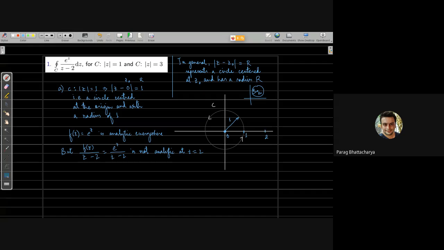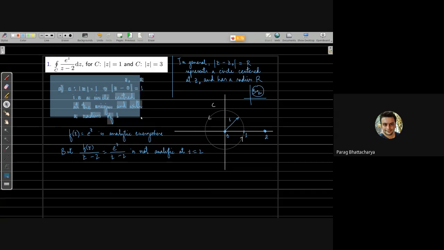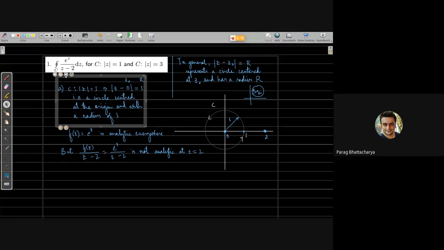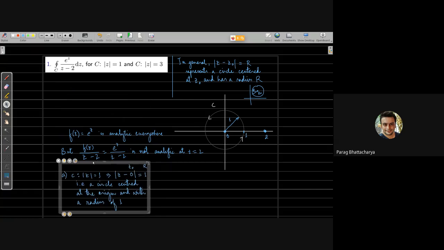This is the point which we have considered. So now in the first case, let me write this down below. The first case is this.